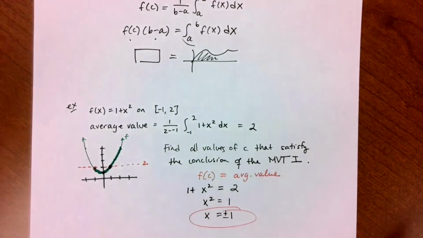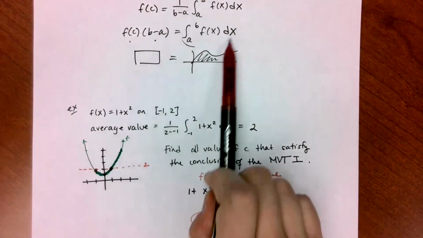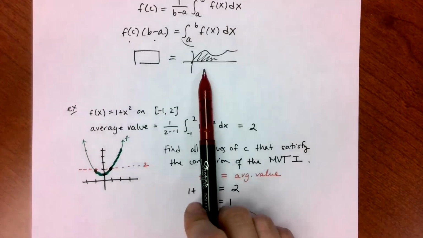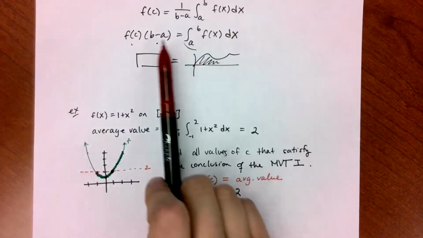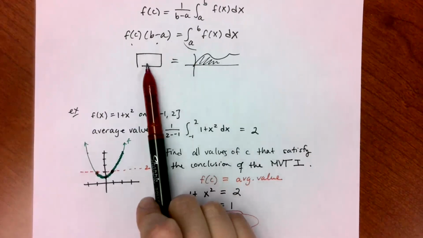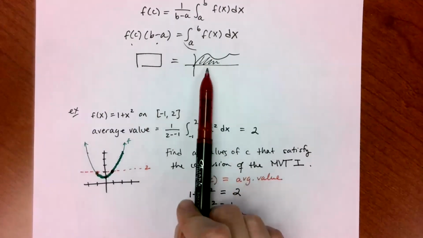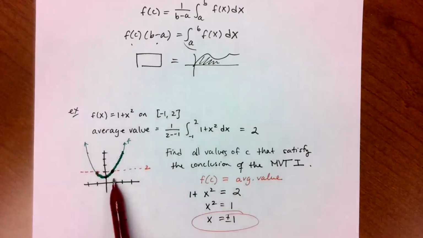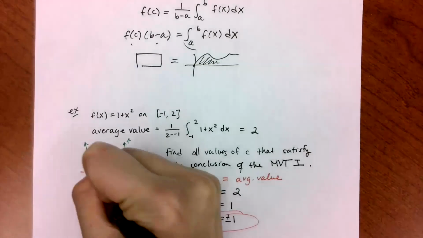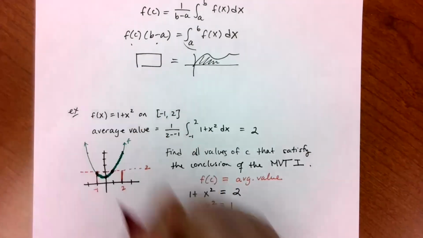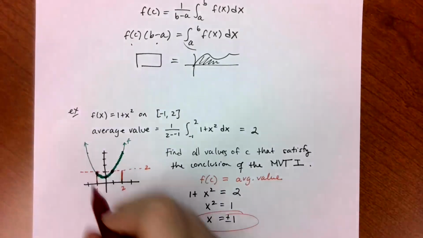The last thing I want to mention is just to revisit this other interpretation over here. With the b minus a on the left, we're saying there's a rectangle whose area is exactly equal to the area under the curve. The rectangle they're talking about in this case goes from -1 to 2, and the top of the rectangle is that dotted line at the average value.